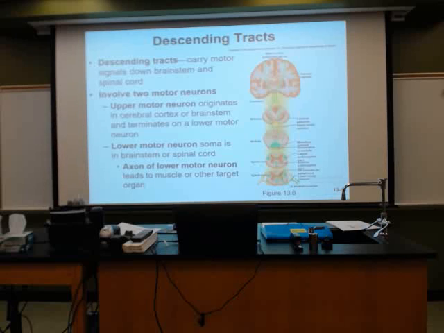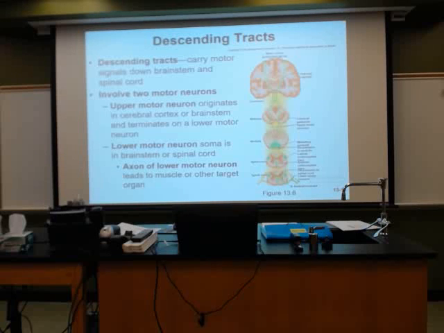Except for a reflex, which can basically go in, get integrated, and the response come back out at the level of the spinal cord where it enters. Other movements that we're going to make are going to involve a higher area of our brain.